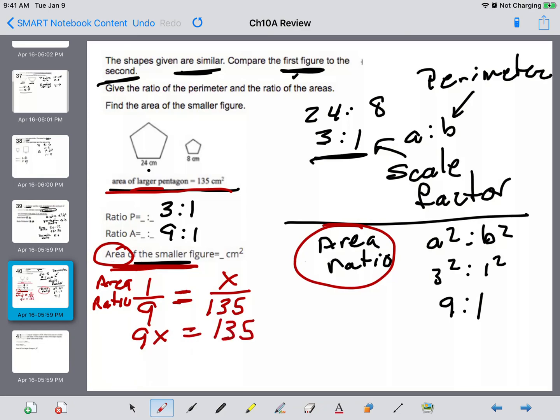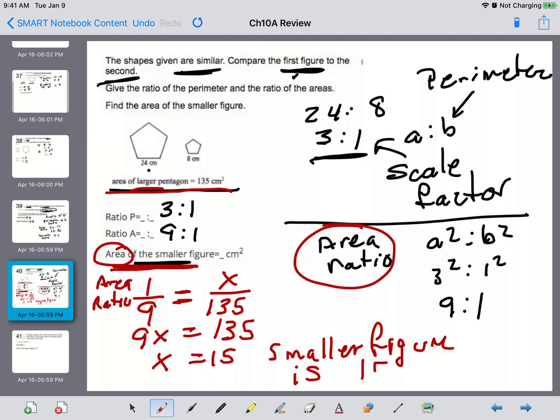I put that in my calculator, 135 divided by 9, and that comes out as 15. X is 15. So my smaller figure is 15 centimeters squared.